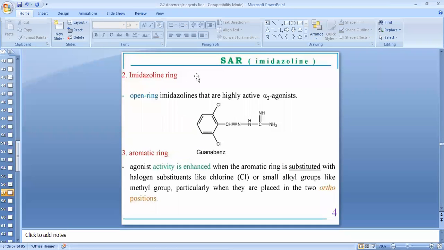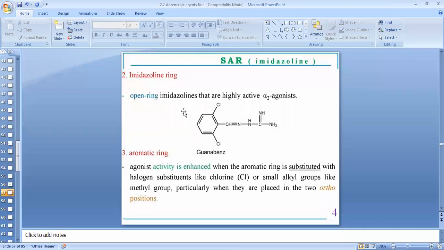Number 2 is the importance of the imidazoline ring. Open ring imidazolines are highly active alpha 2 agonists. Then the aromatic ring: agonist activity is enhanced when the aromatic ring is substituted with halogens like chlorine, or small alkyl groups like methyl groups, particularly when they are placed in the 2 ortho positions.